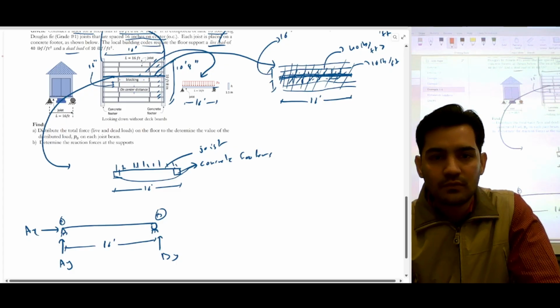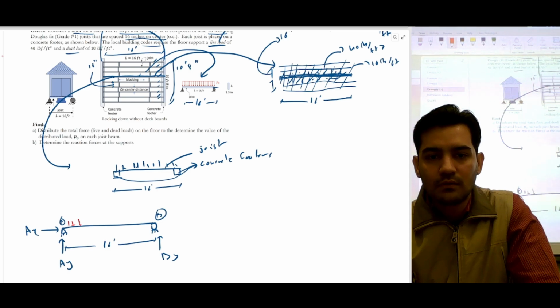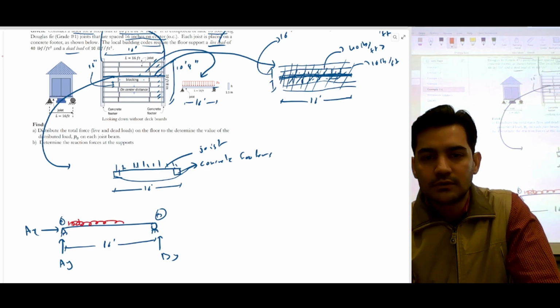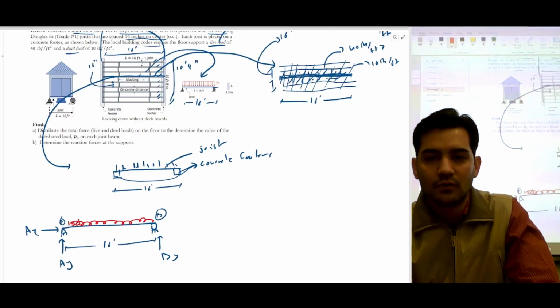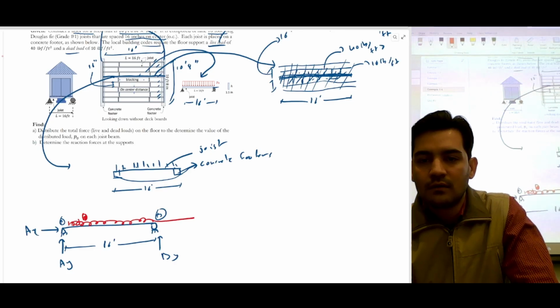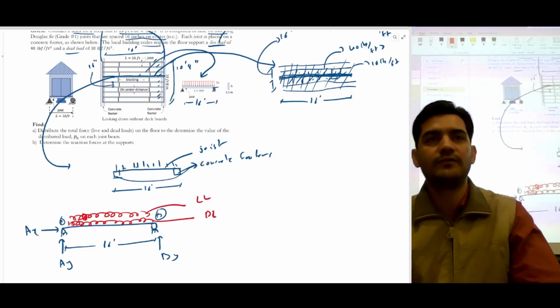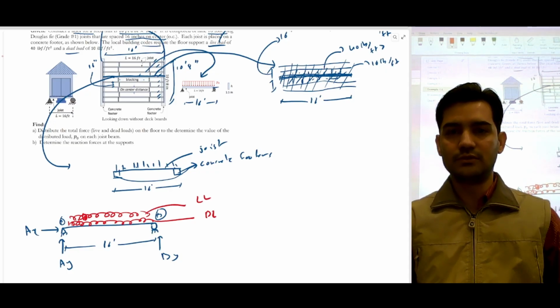I'm going to draw this like this. So this is a distributed rectangular load. We have a dead load and we also have a live load. So we have to calculate these dead loads and live loads.